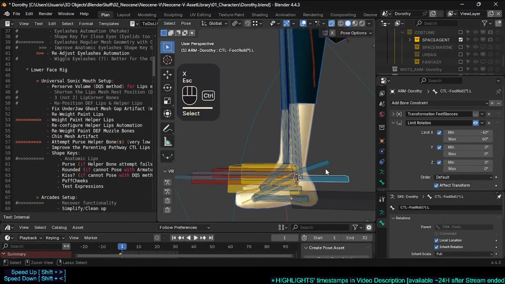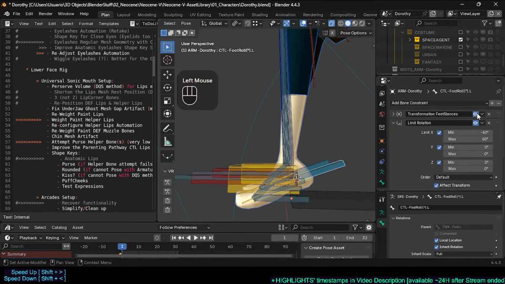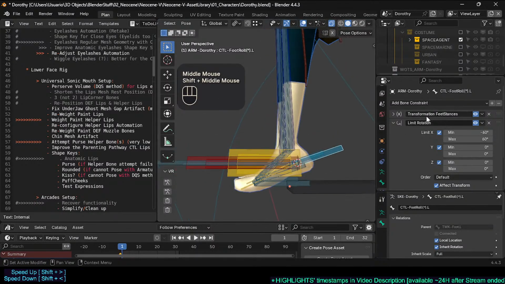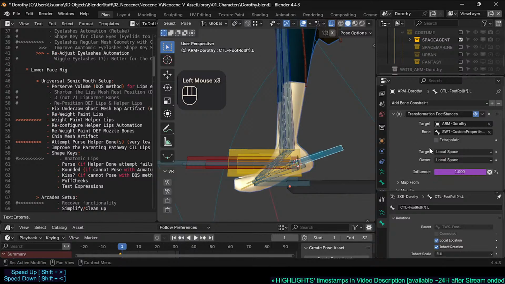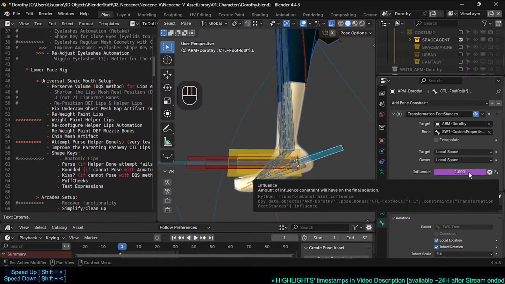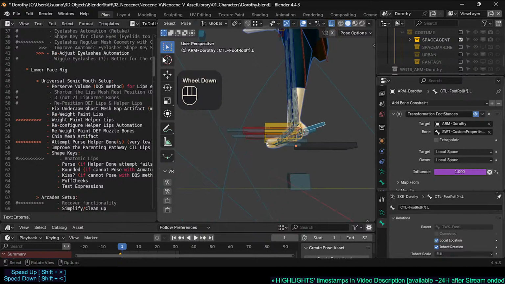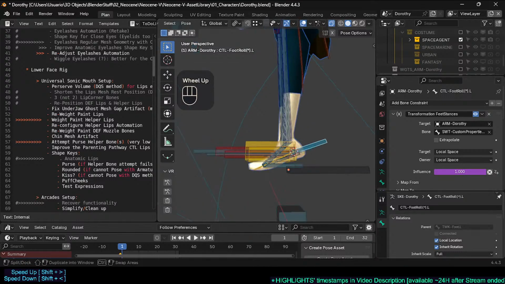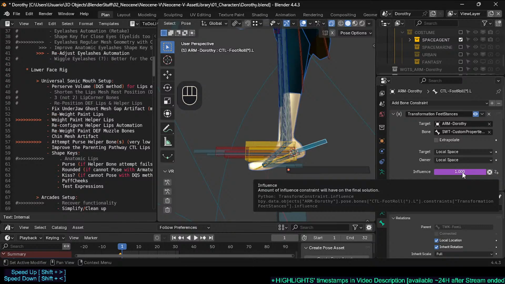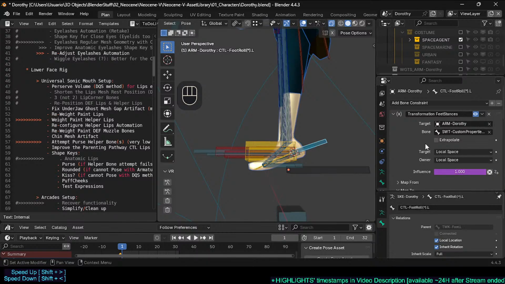There are different ways to do this, but this is a way where I immediately get this transformation bone constraint, which has a driver, and in this case it's a custom property, but it could be just a driving bone that you toggle. This is a driver influence of a bone constraint driven not by a bone but by a custom property.